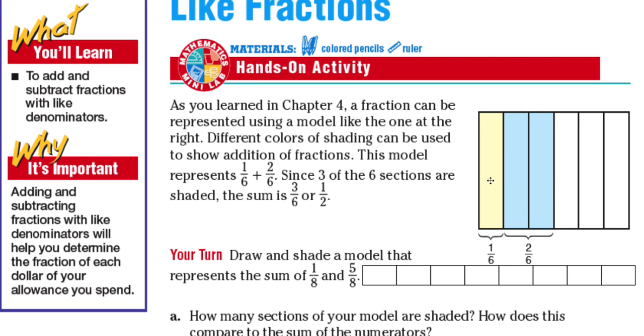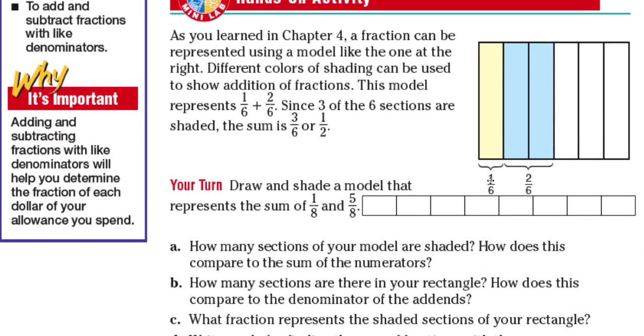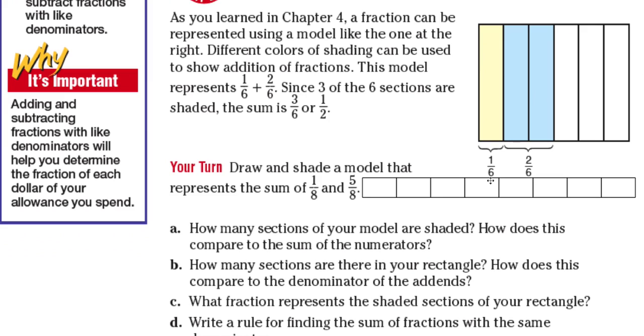Now let's take a look at this activity. Draw and shade a model that represents the sum of 1/8 and 5/8. If I want to represent 1/8, let's say I do green for 1/8. This will be 1/8 right here.